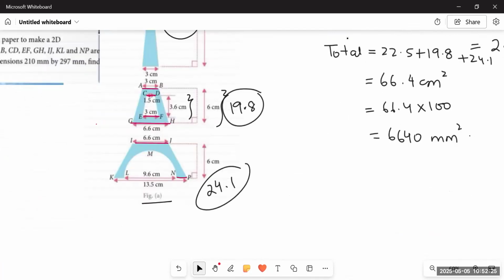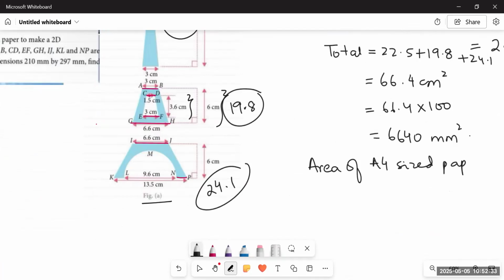Now we will find the area of the A4 size paper, because we have to express this 6640 as a percentage of the area of the paper. Since the paper is rectangular in shape, it would be 210 multiplied by 297.